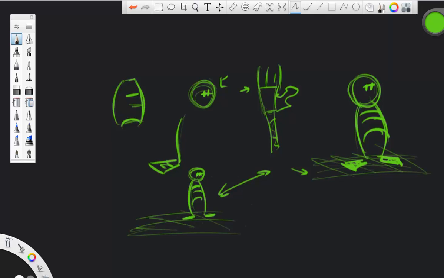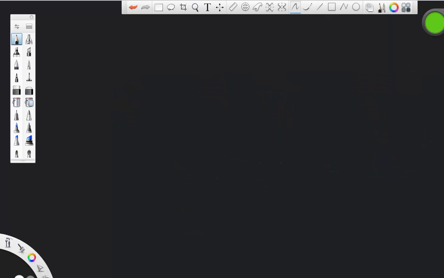You just gotta have a rough idea of what his height is, and then the struggle in 2D is maintaining the ratio of his height, because in 2D it tends to decrease and increase all the time. So that's the basic stuff.